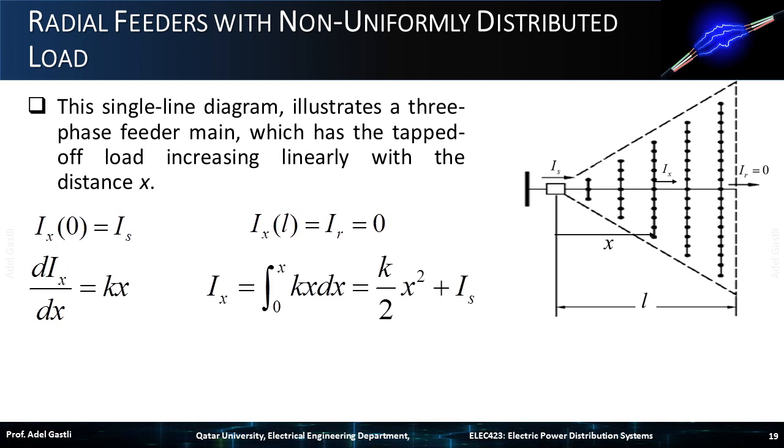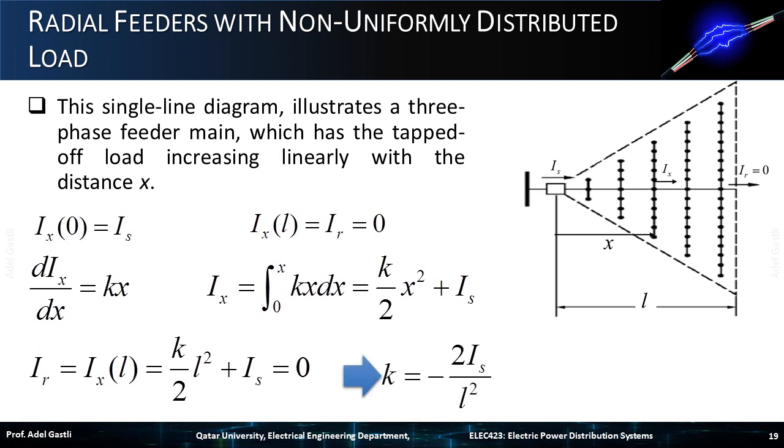So, the current Ix, at any distance x on the feeder, can be determined by the integral from 0 to x of minus k Is x dx, which equals minus k over 2 Is x square, plus Is. Thus, the current IR equals Ix of L, which is the current at the end of the feeder at distance L, is equal to minus k over 2 Is L square plus Is, that should equal 0.